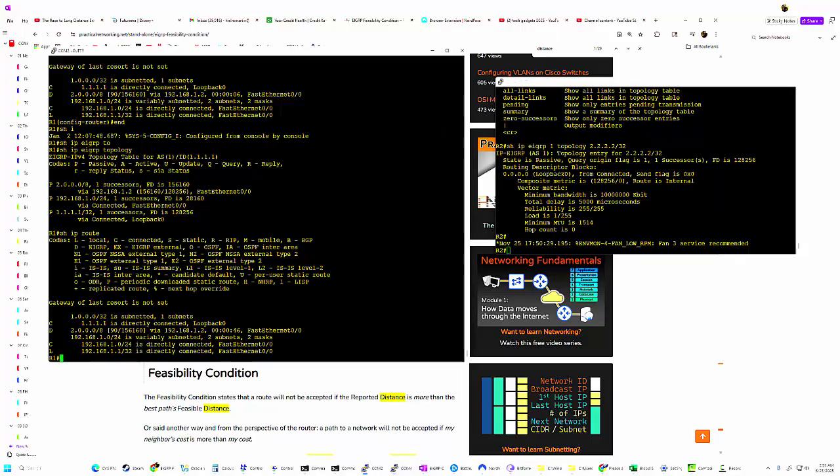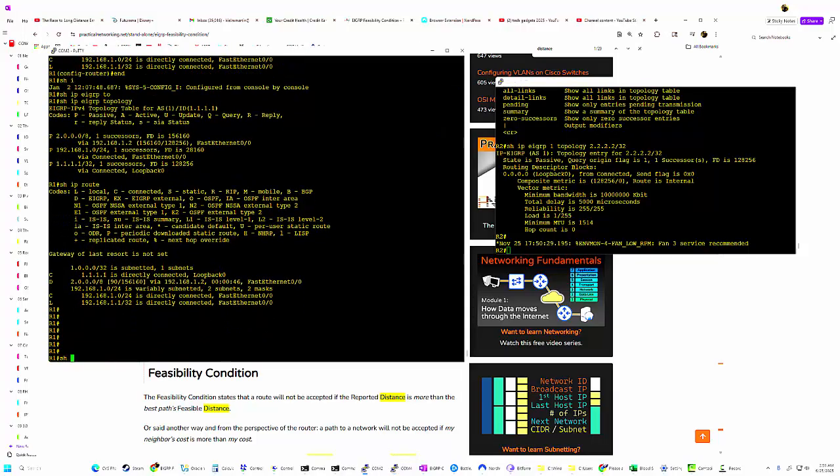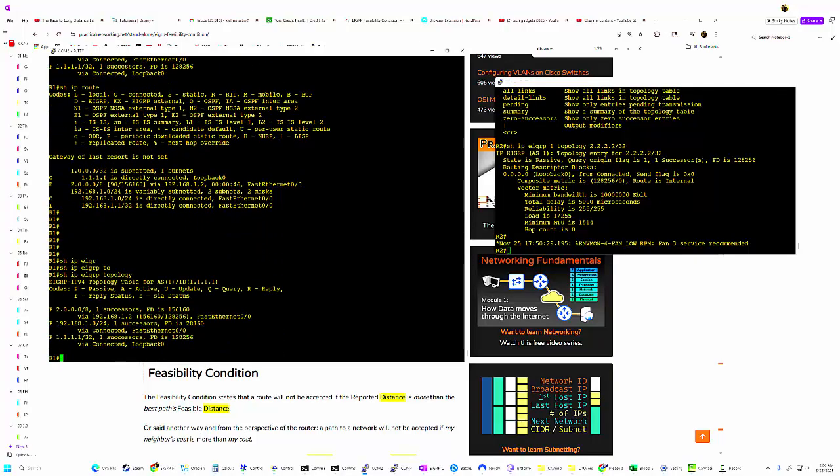So now let's go back over to here. Failure becomes success. All right, so show IP EIGRP topology. And now our feasible distance is here. And it's the same over here. You see how router 3, maybe I'm not having enough routers.